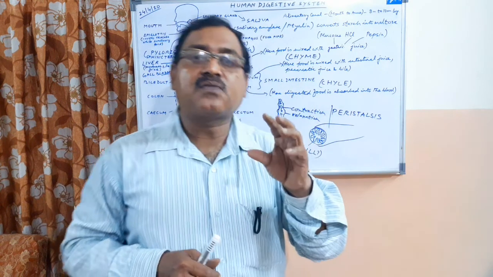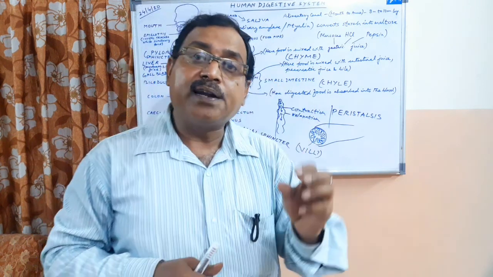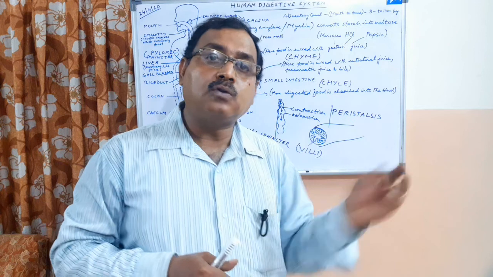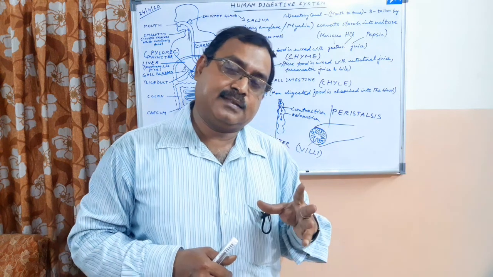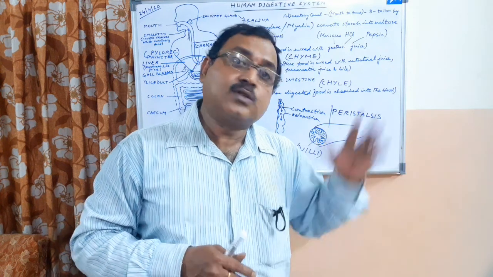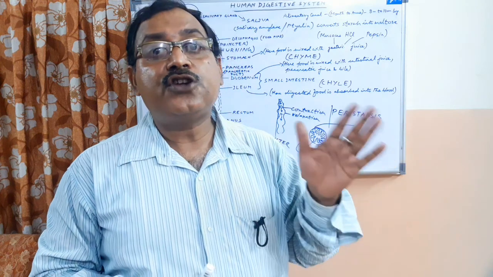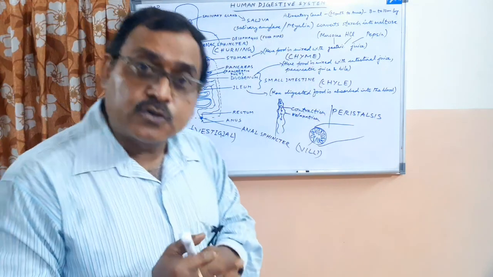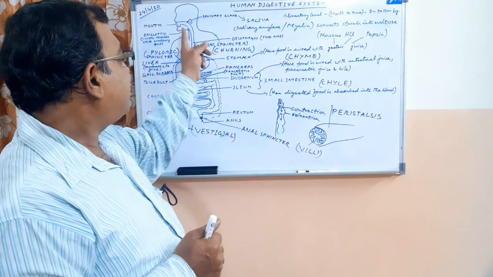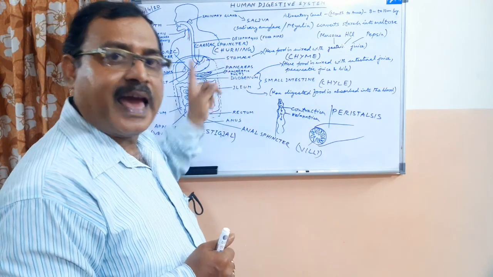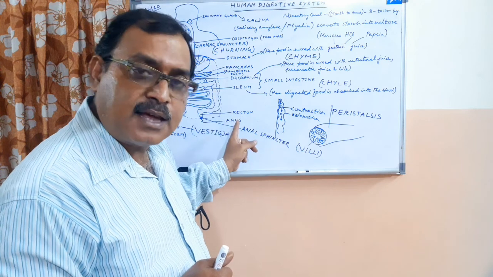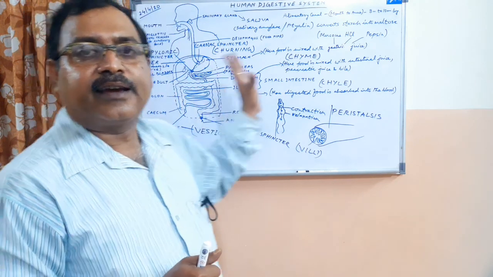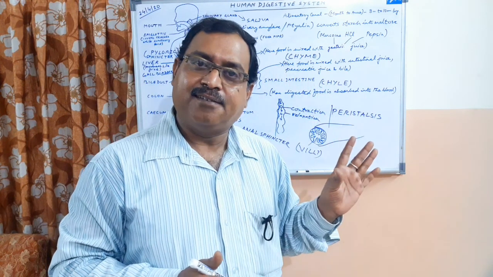So this anal sphincter helps in regulating the fecal matter to go out of the anus. Clear? So this is called egestion. Clear? So all the 5 parts of holozoic nutrition, ingestion, digestion, absorption, assimilation, egestion gets completed.